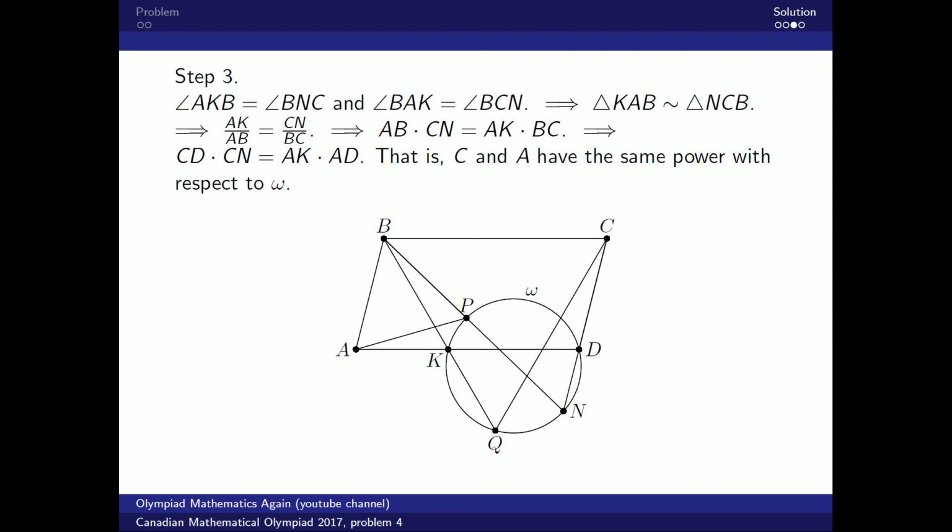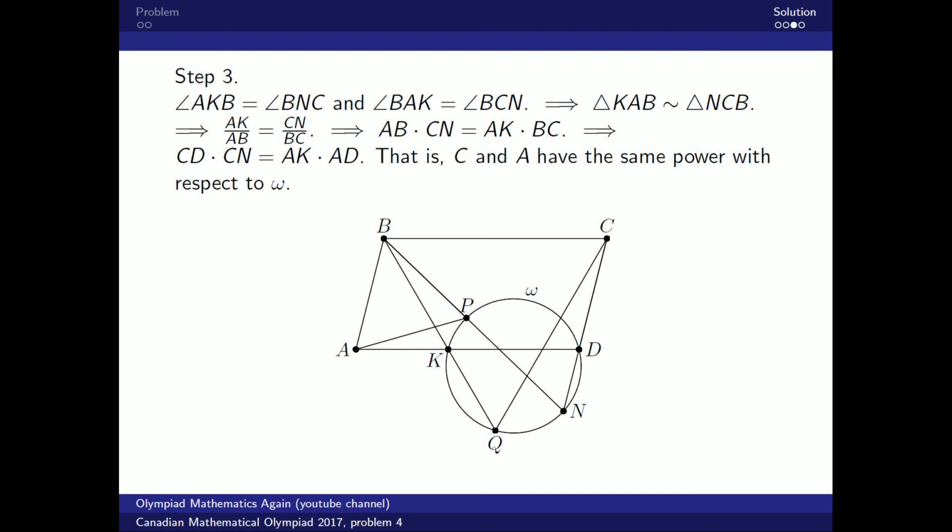So why is that? Remember, from step 2 we concluded that the points K and N lie on omega, the circumcircle of triangle PDQ. So with respect to this circle omega, what is the power of point C?